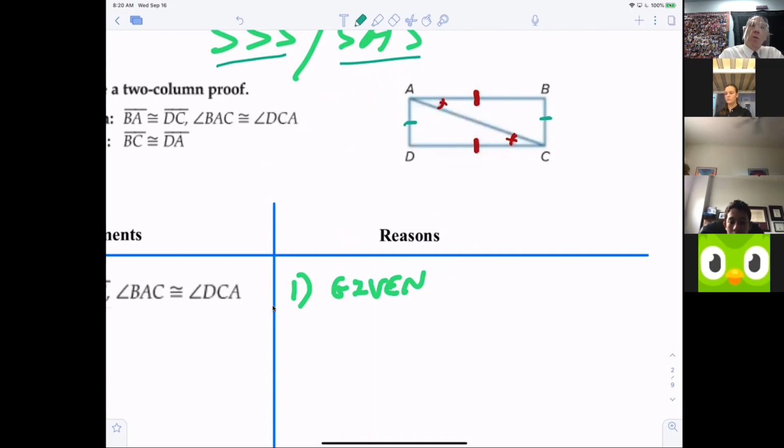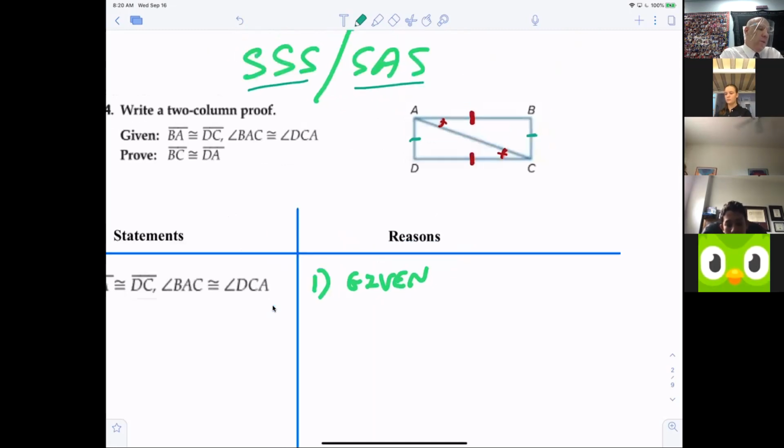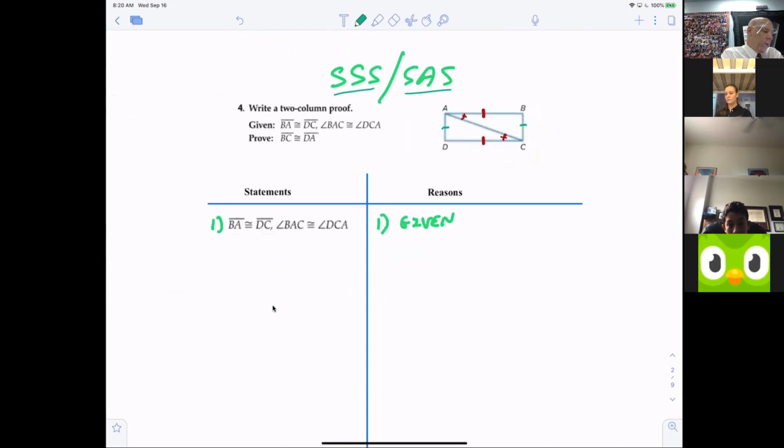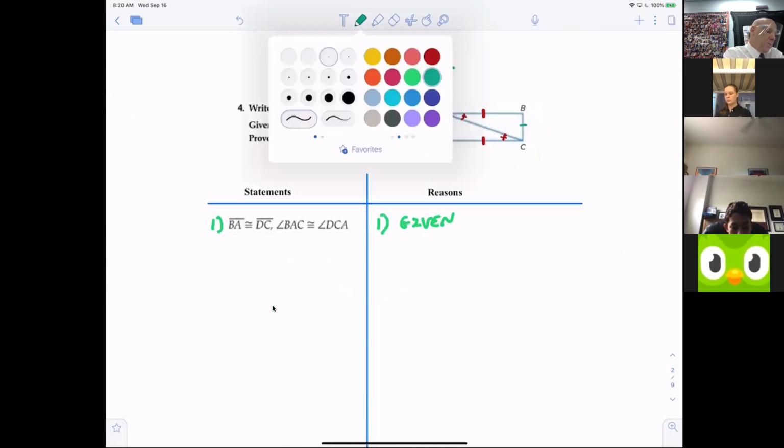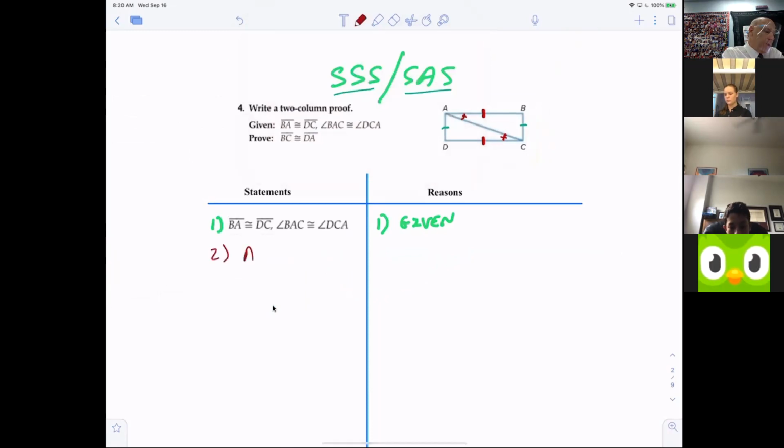AC is equal to AC. You are amazing. That is correct. Very good. So step number 2, we would say AC is congruent to AC. And that is, good job, reflexive.